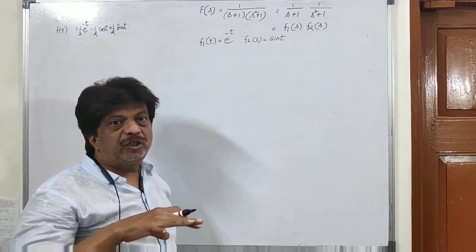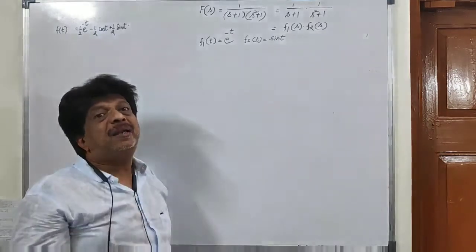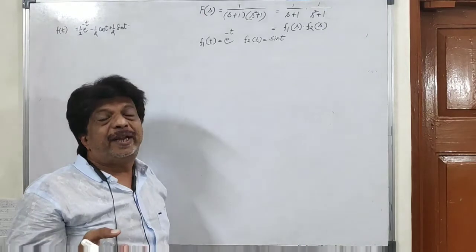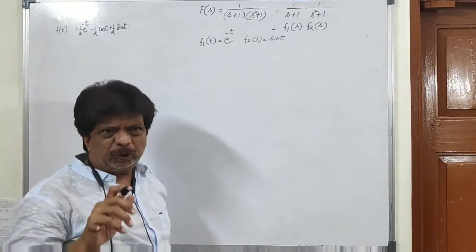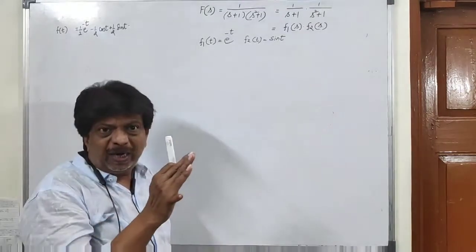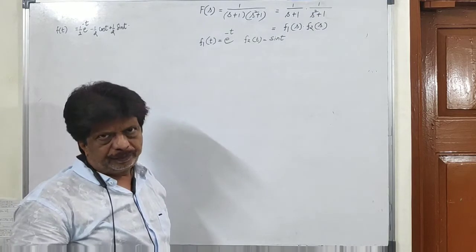Now, out of these two functions, one is exponential e to the power minus t, and another is the trigonometric function sin of t. One of the functions is expressed as a function of purely u, and another is purely t minus u.